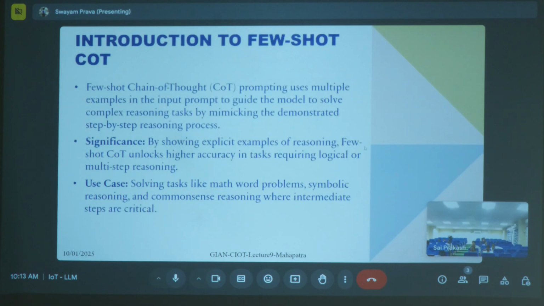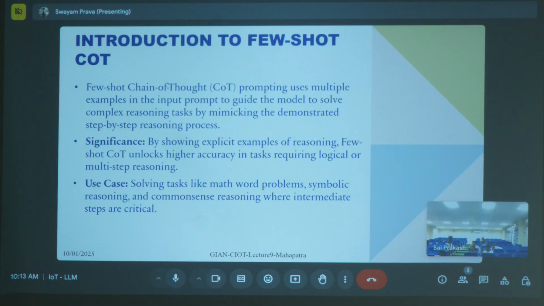Then again, we come back to few-shot chain of thought. So this one again uses examples to guide the model in solving very complex tasks. So we have to actually give it explicit examples of reasoning. So this helps unlock higher accuracy in tasks which require logical or multi-step reasoning.